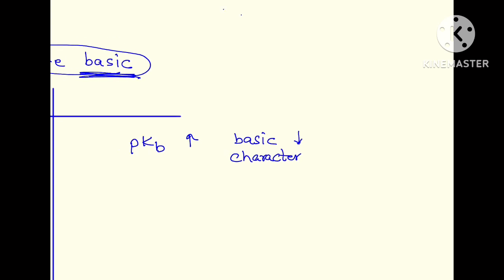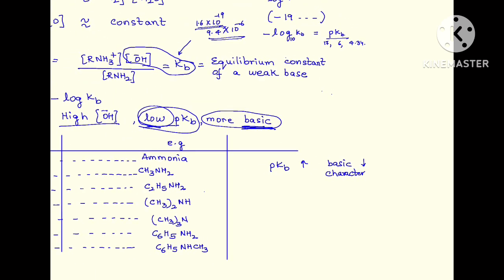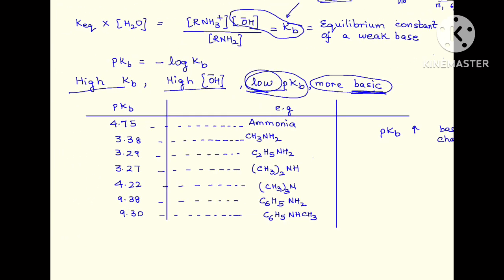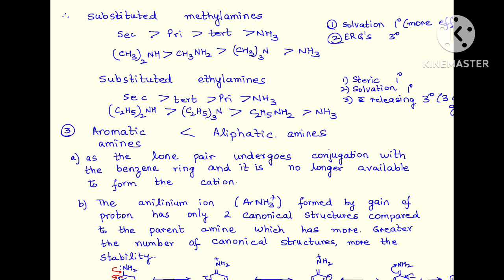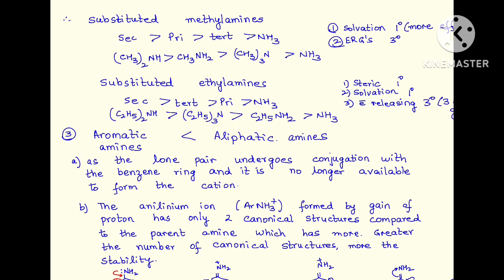Now why am I telling you this? Because if you see, we've got data over here for pKb and we have various examples which we are going to compare and correlate to our learning in the previous video, where we classified the primary, secondary, tertiary amines with regard to ammonia in their order of basic character in gaseous state as well as in aqueous solution.